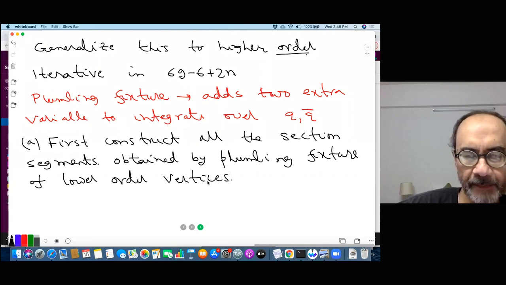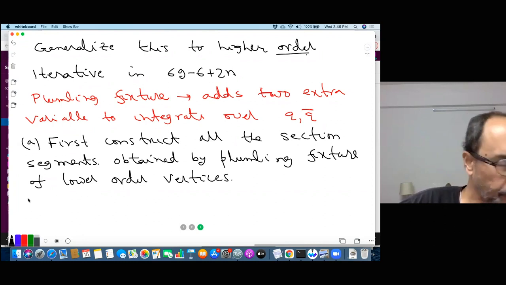Lower order basically means that 6g minus 6 plus 2n is lower than the one we are considering. Any plumbing fixture will involve this with lower value, because plumbing fixture, we all know, adds 2. So you cannot have anything larger than or equal to this; it has to be at least 2 less than this number when you do the plumbing fixture of lower order vertices. These would have been already constructed in the earlier stages, like the 3-point function, 4-point function, etc.